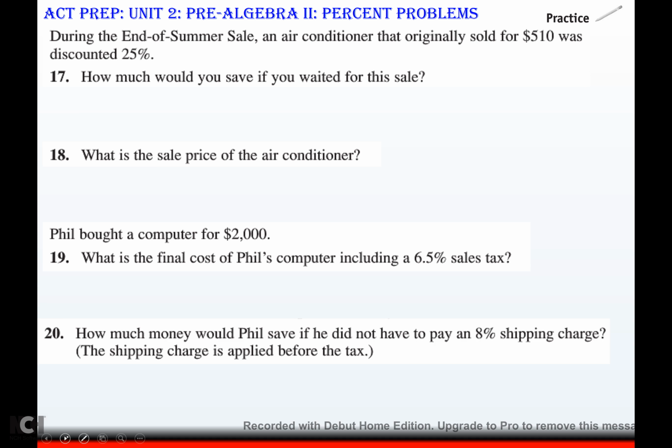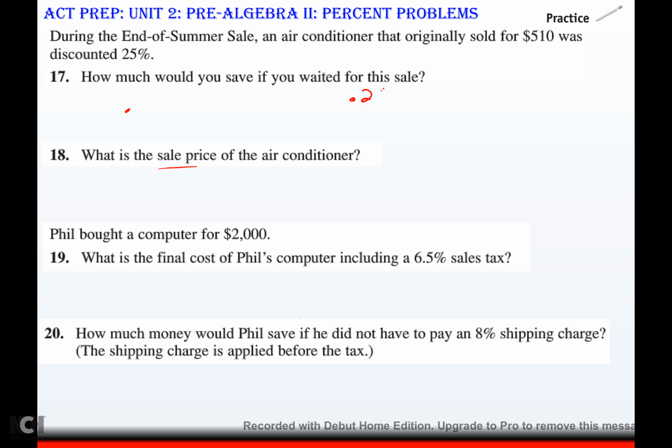Alright. How much would you save? It says during the end of summer sale, an air conditioner that originally sold for $510 was discounted 25%. It says how much would you save if you waited for the sale? Now they're not asking you for the total price. That's 18. To figure out how much you're going to save, 25% of 510.